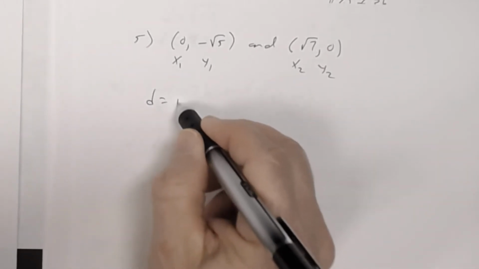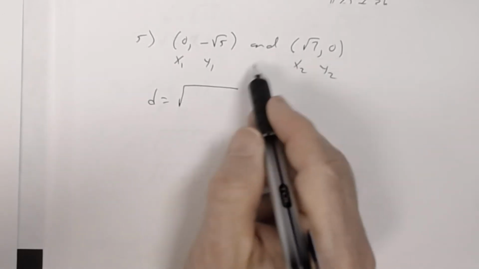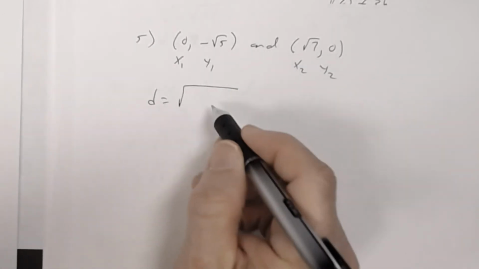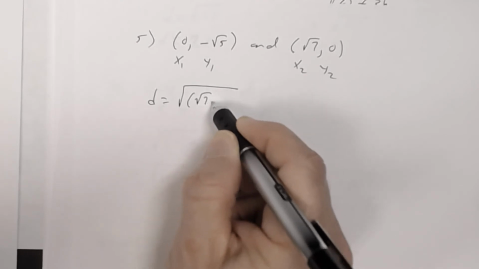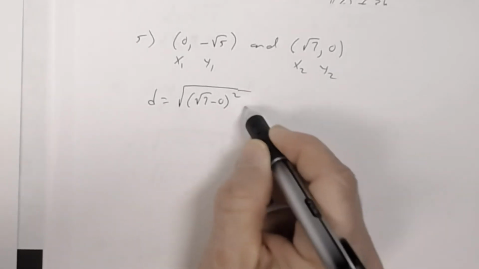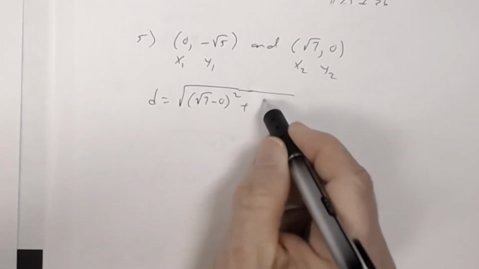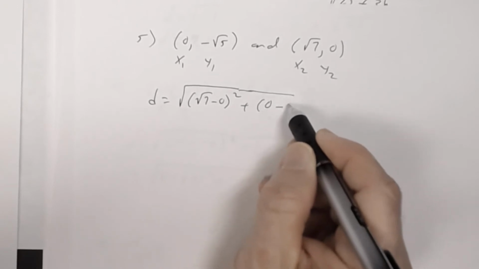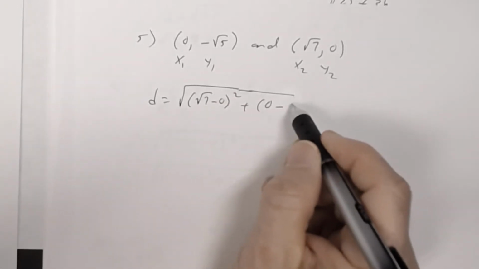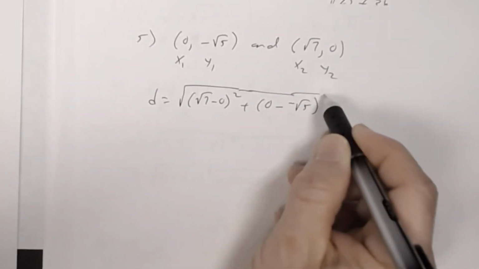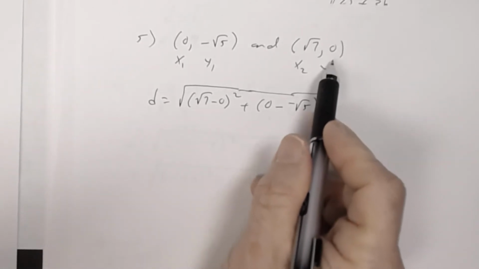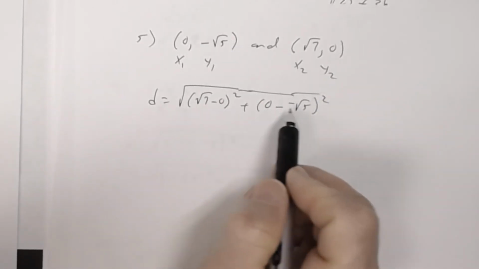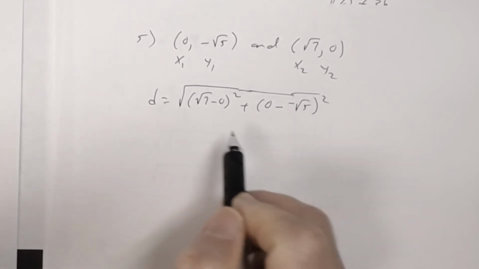So the distance is the square root of, remember you subtract your x coordinates, so the square root of 7 subtract 0, right? And whatever it is, I square it, plus, and then I subtract the y coordinates. 0 subtract a negative square root of 5. And I square it, correct? Just make sure you're writing this correctly.